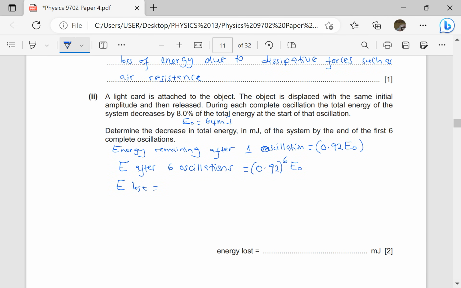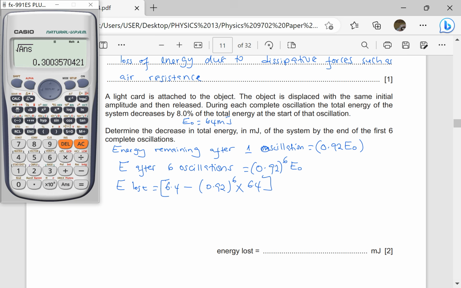So energy lost is going to be, originally we had 6.4 millijoules minus the energy after 6 oscillations, which is going to be 0.92 power 6, then times E naught, which is 6.4. This answer is going to be in millijoules. So let's check.